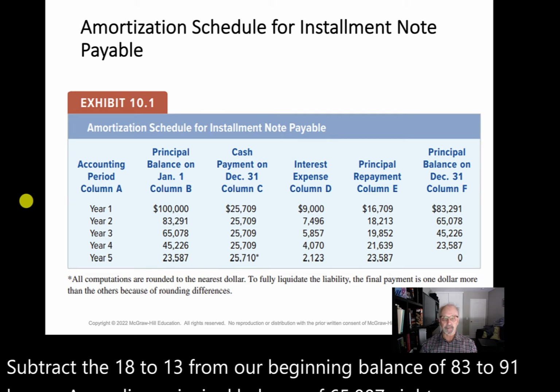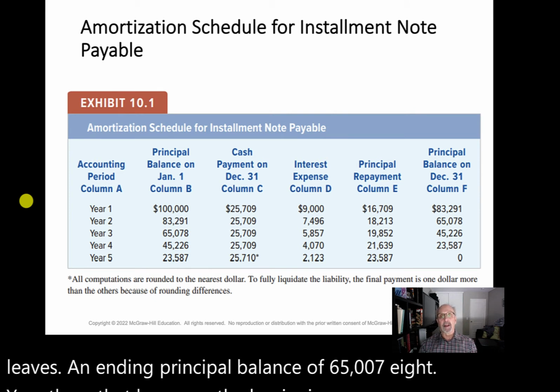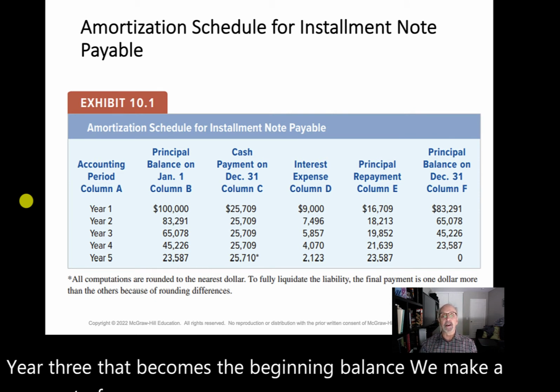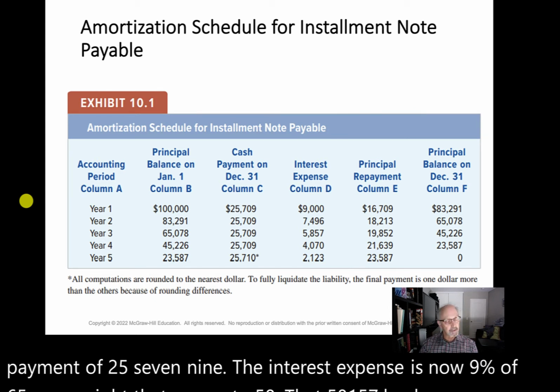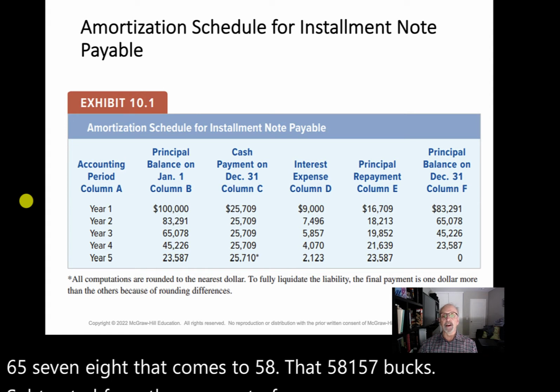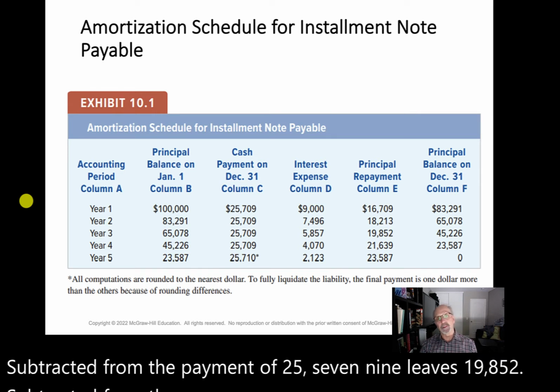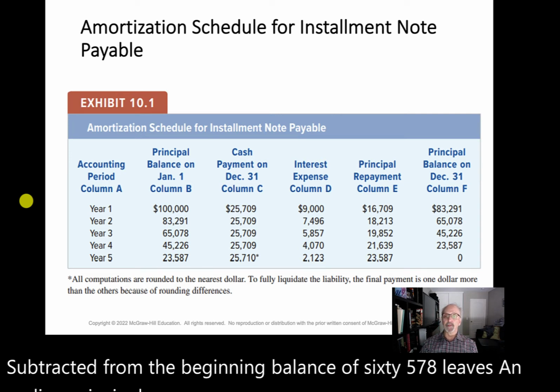Year 3, that becomes the beginning balance. We make a payment of $25,709. The interest expense is now 9% of $65,078. That comes to $5,857. Subtracted from the payment of $25,709 leaves $19,852. Subtracted from the beginning balance of $65,078 leaves an ending principal balance of $45,226.